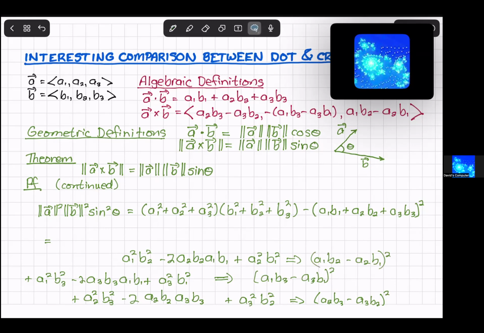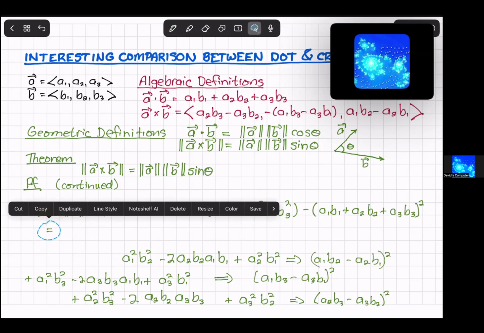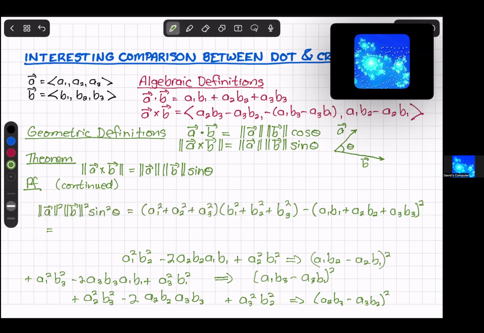Now if we organize these in the form of the magnitude of a vector, notice that we have the square of A2 B3 minus A3 B2 right here. This is the square.